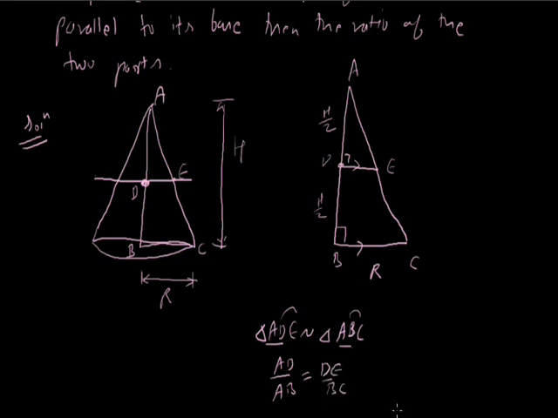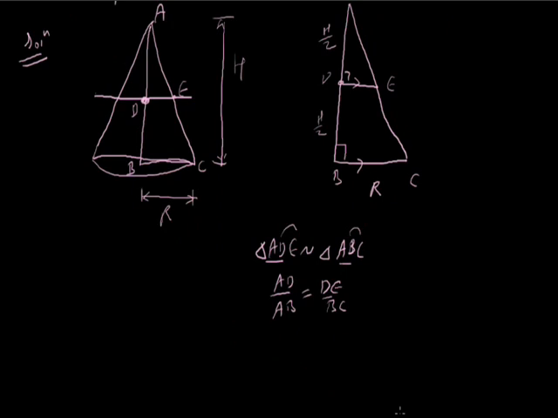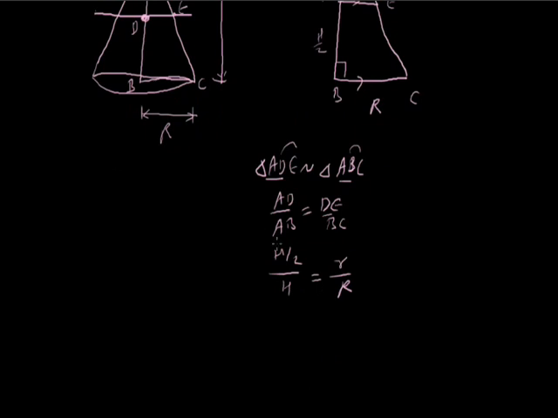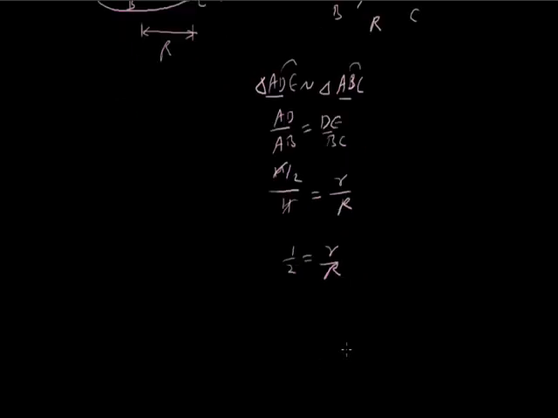Now the length of AD is H by 2 and the length of AB is H and the length of DE को हम small r assume कर लेते हैं और BC is capital R. So H से H cancel हो जाएगा. We are left with 1 by 2. Small r by capital R is 1 by 2. So I can say that the value of small r is capital R by 2.